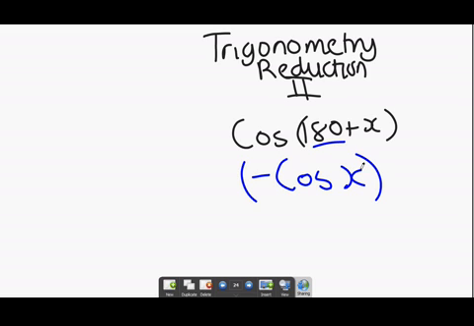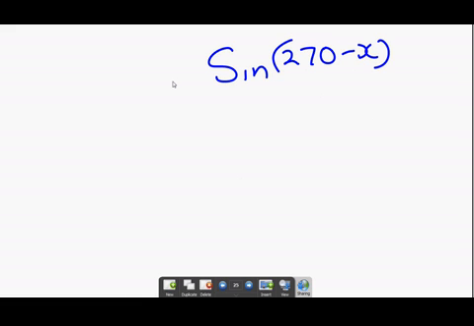If I had another one, let's look at sine(270 minus x). If I'm doing the reduction, I'll use 30 again. So I press sine(270 minus 30) close bracket, and that will give me a negative.